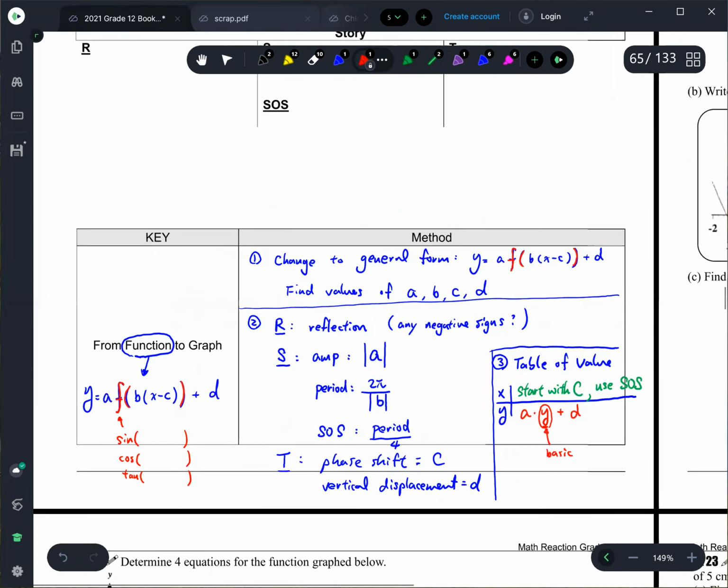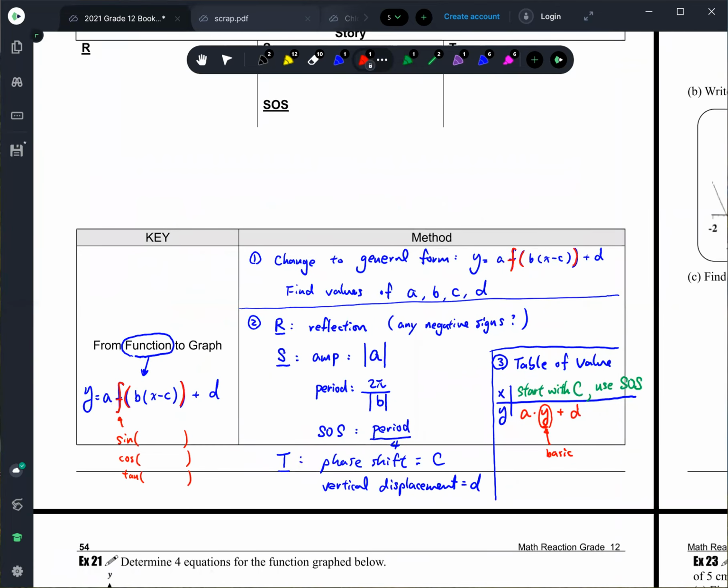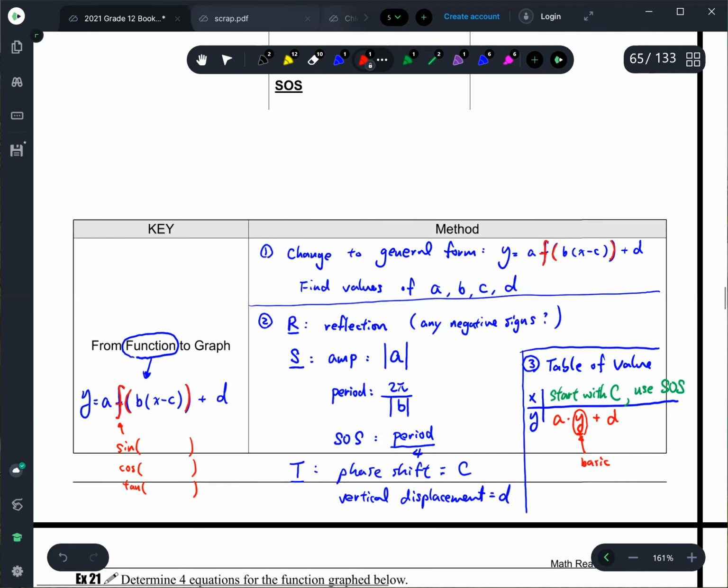Okay, if you understand everything in this summary, please raise your hand. Make sure you copy this down, okay? So every single question, you just follow those 3 steps. Same with the homework, okay?